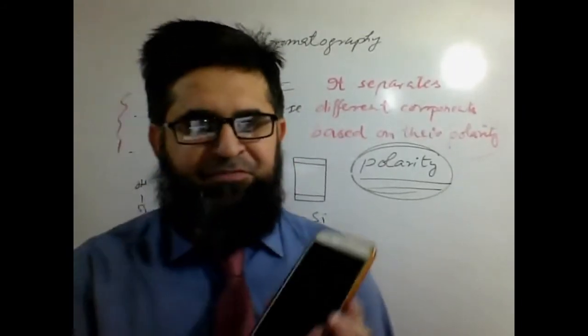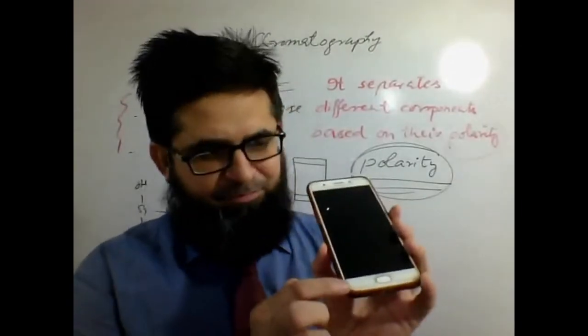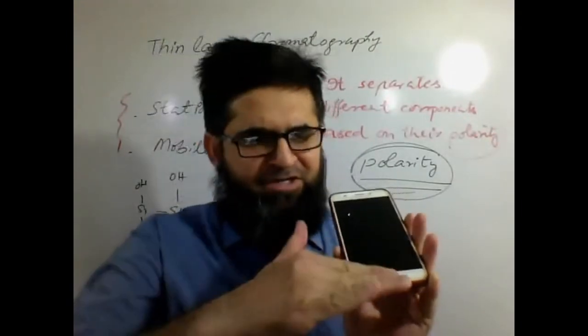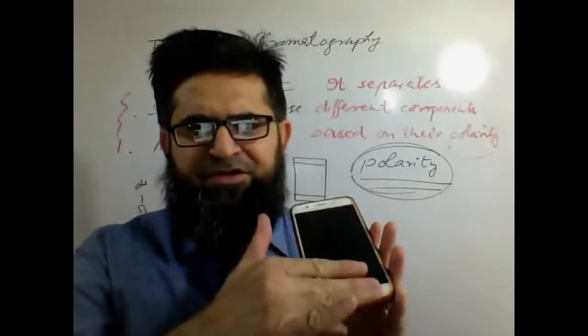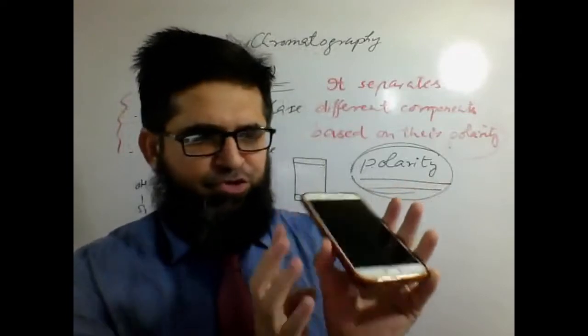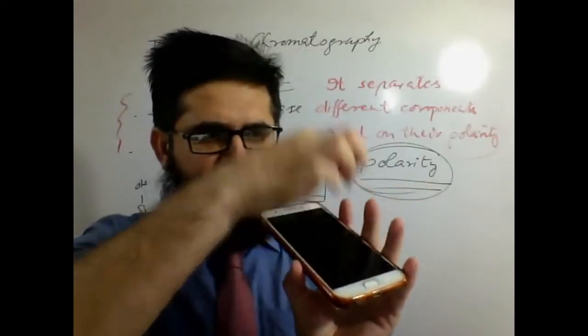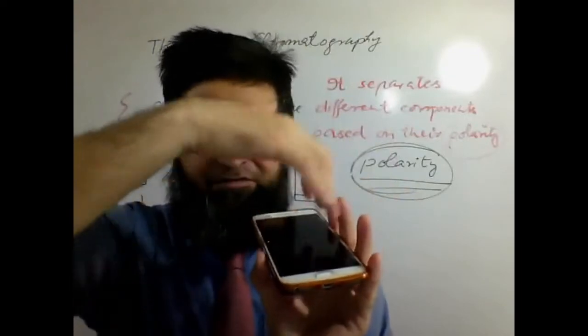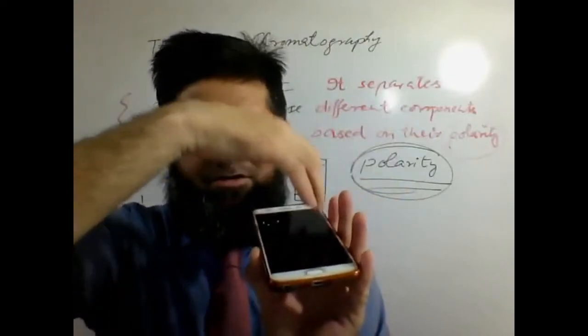Let's say this is a mobile, this is a pretty thin aluminium foil. Its upper surface is coated with silica, and those hydroxyls are just like my fingers. They are pointed upwards, everywhere on the silica coated plate.